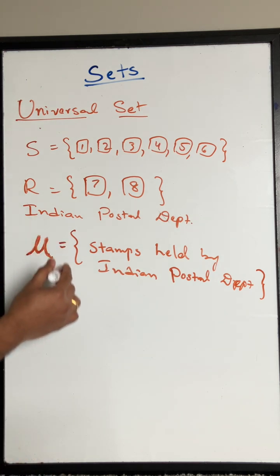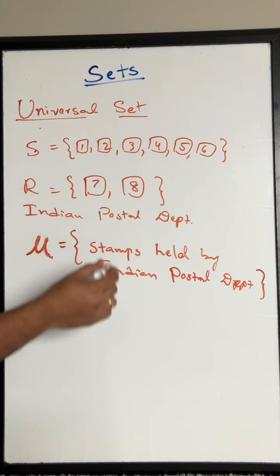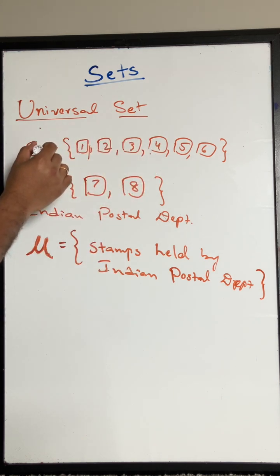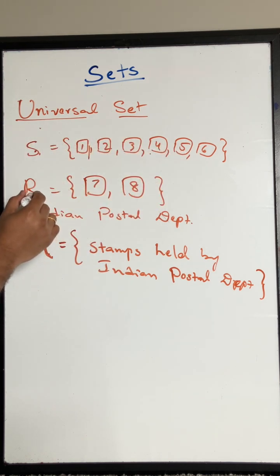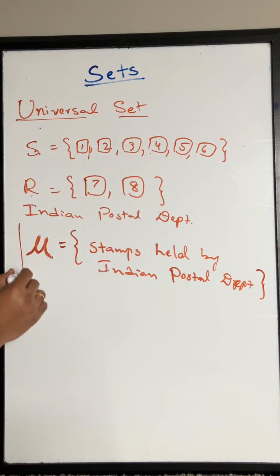In that case, this is mu. Everybody goes to the post office and collects some: I collected 6, Rajesh collected only 2, like that. So this is called the universal set.